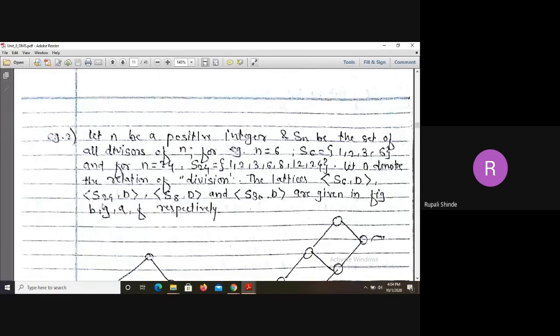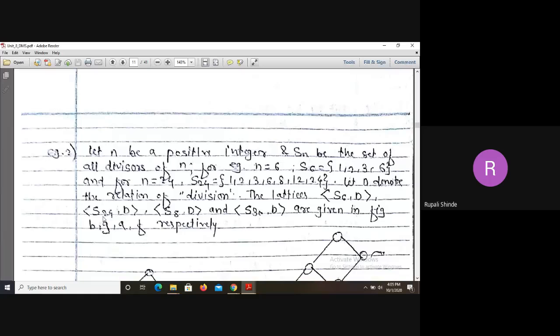Now, you have to take these examples and solve this one as follows. You have to draw lattices for S24, D, then S8, D, S30, D, where S24, S8, S30 are the divisors of 24, 8 and 30 respectively, and D is the relation of division.